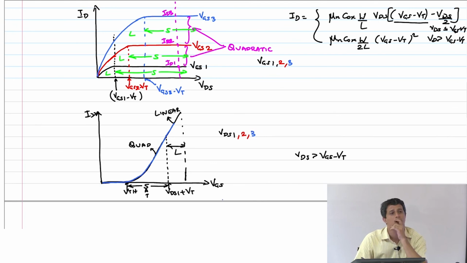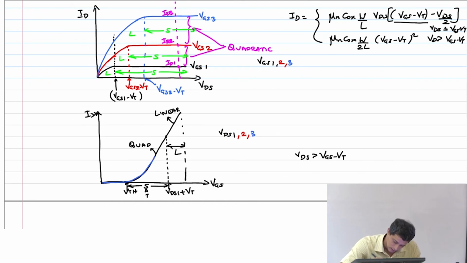Now, will there be a point where this curve will not be differentiable? So okay, what I have drawn, is it correct or wrong? Why? Exactly, because it has to proceed in the quadratic region even further and then it will switch to the linear region.